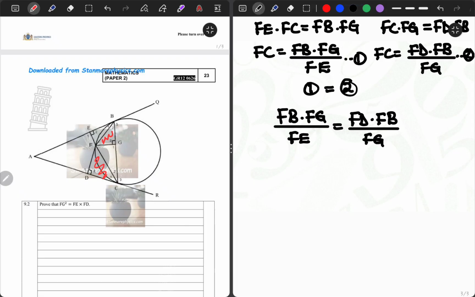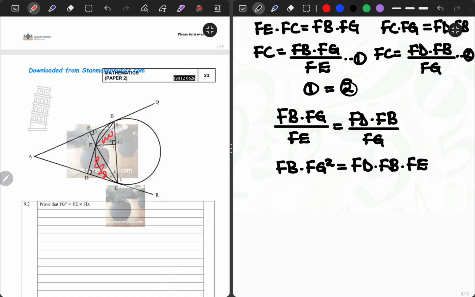I'm going to have FB FG square equals to FD FB multiplied by FE.